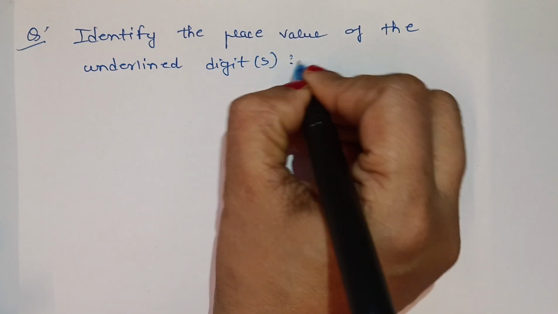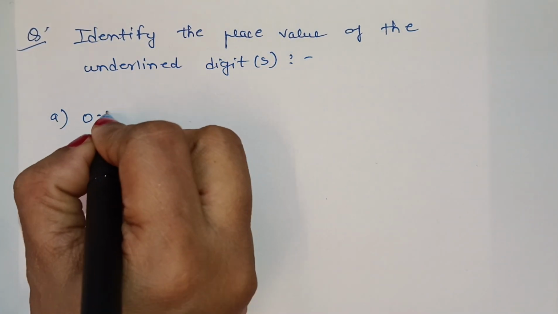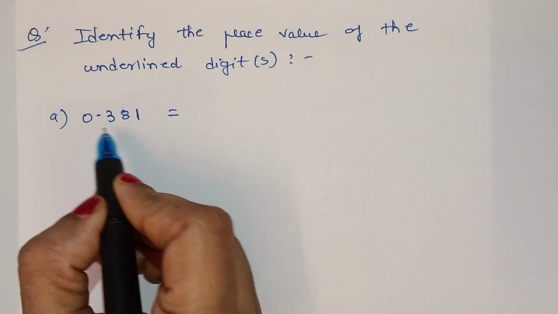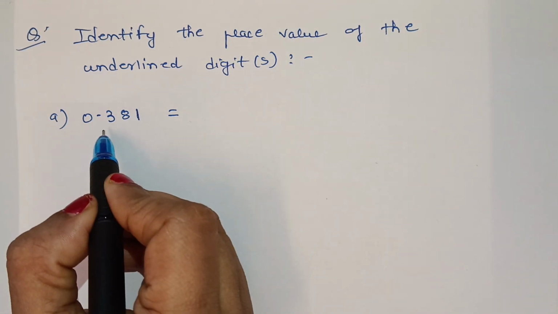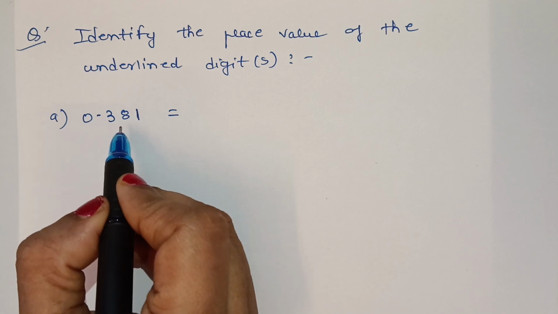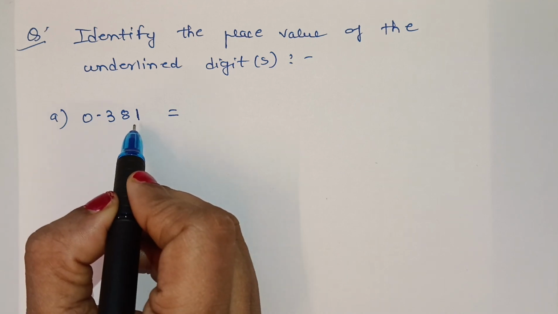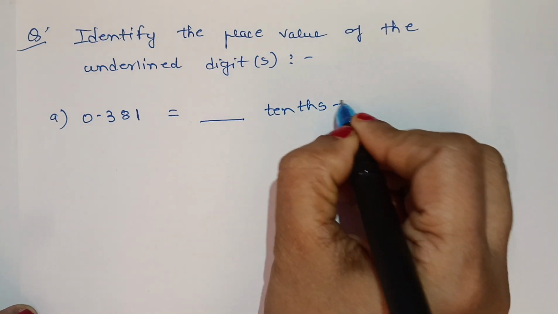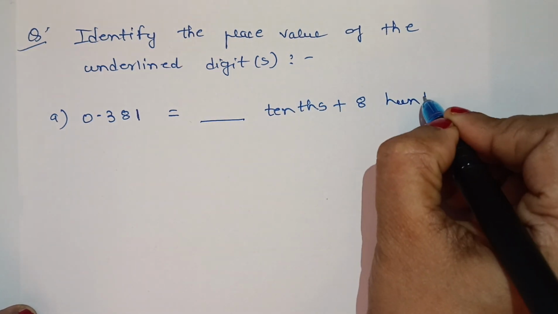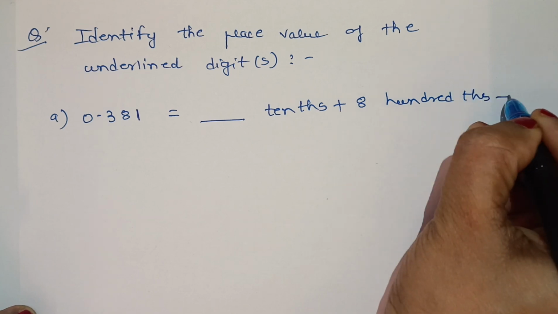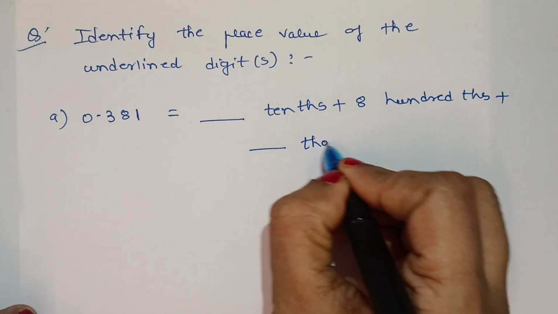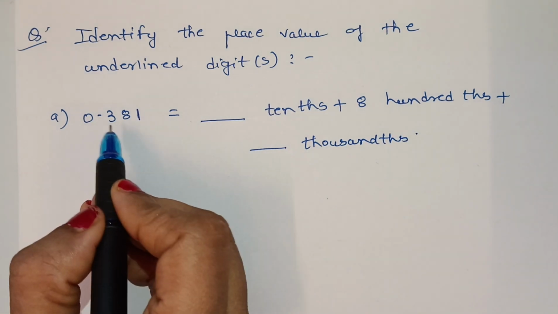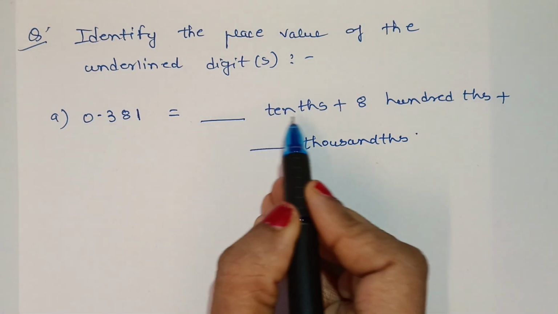Now let's see. How will you read this? 0.381. 3, that is tenth. 8 hundredth. 1 thousandth. So I hope you understood how to find the solution. Now let's see. 0.381, dash tenth.